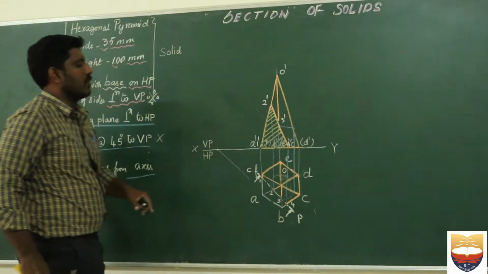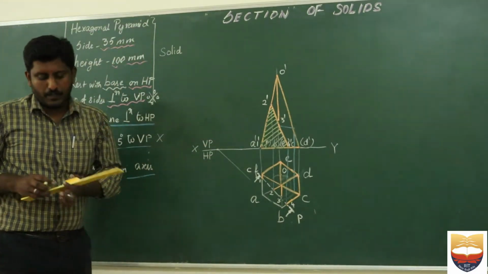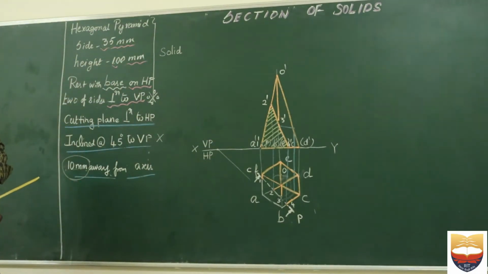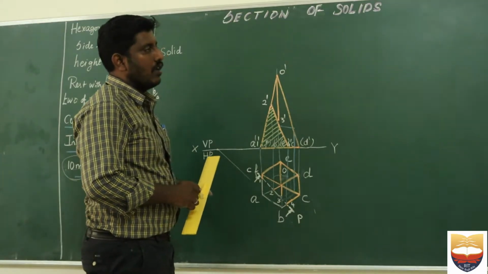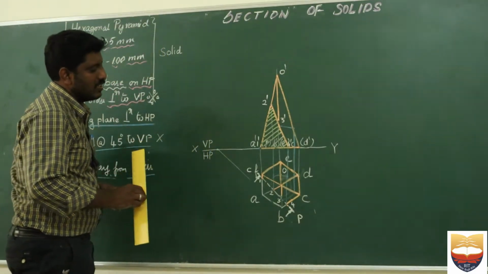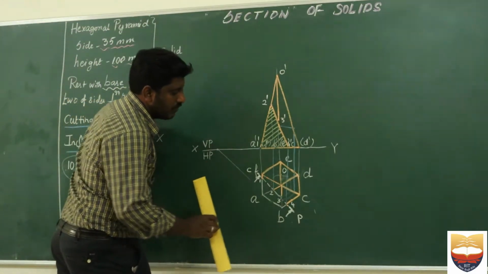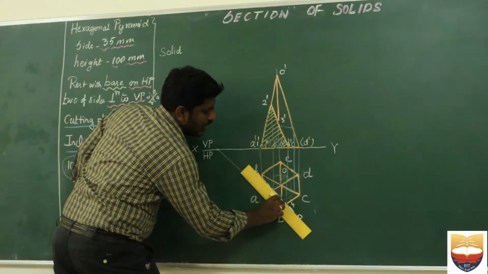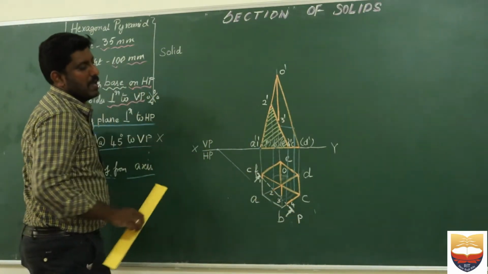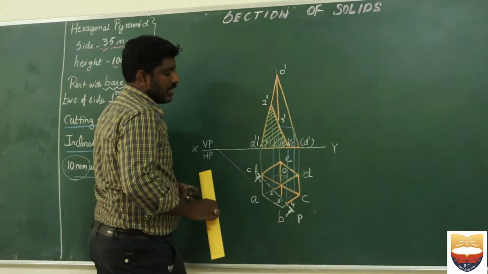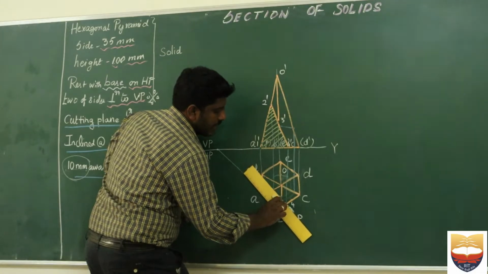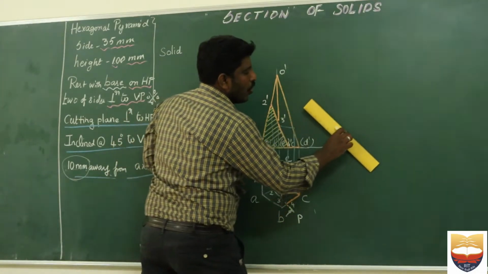Okay, so now I have completed my sectional front view. The last part of our diagram is that we need to draw the true shape. You know already from our previous classes that to draw a true shape we need an auxiliary plane which is parallel to my cutting plane. Here, because of the space constraint, I can take my auxiliary plane over here also.